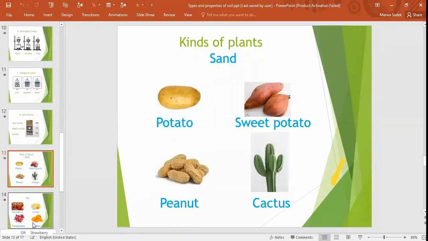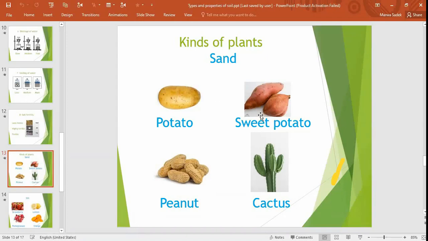Which kinds of plants can we grow in the sand or in the silt or in the clay? Let's start with sand soil. Which kinds of plants can we grow in the sand soil? Number 1, potato. 2, sweet potato. Peanut, cactus.